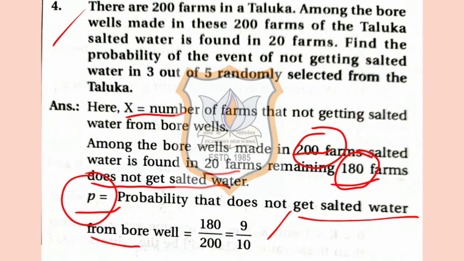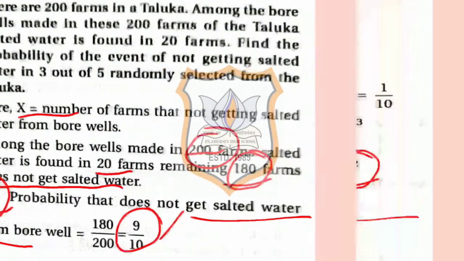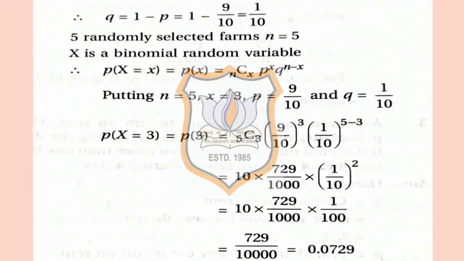So P, that is probability of not getting salted water, is 9 by 10. Let us find Q. Q is 1 minus P. So that is 1 minus 9 by 10. That is 1 by 10. N is 5. X is 3 because we have to get 3 farms.